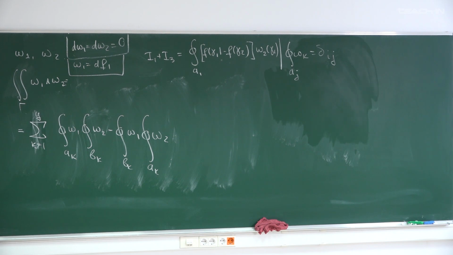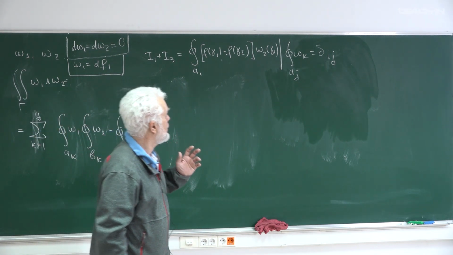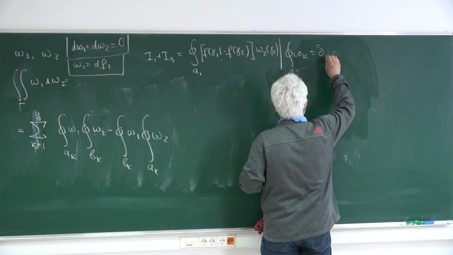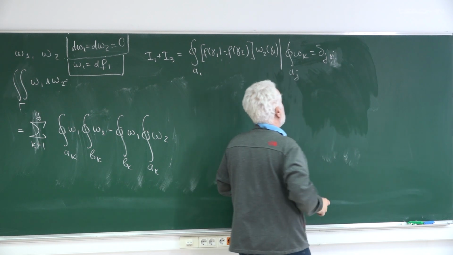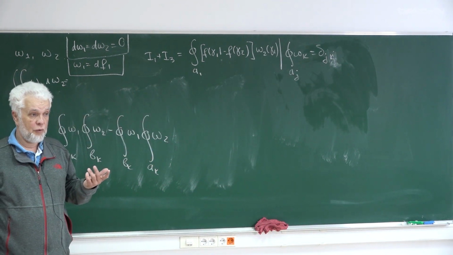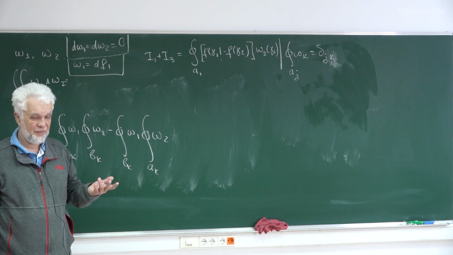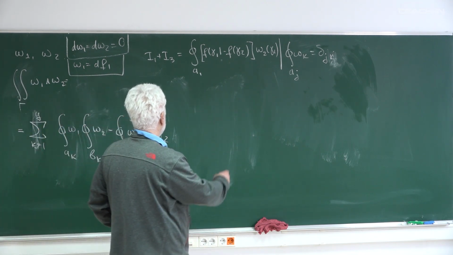We have this basis, called I_k, J_k. Yes, it's called the canonical basis of holomorphic forms. Let's apply this integral.